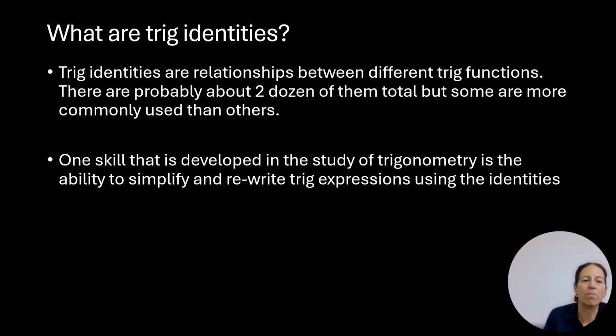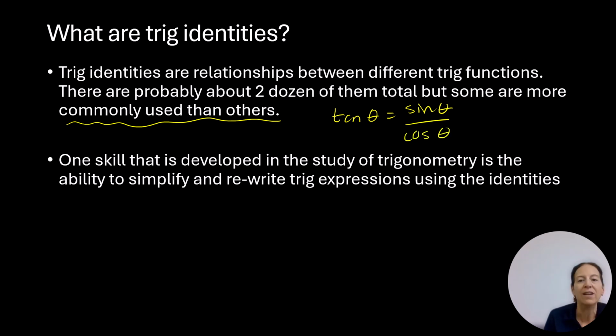Some of them are much more commonly used than others. So the tangent is sine over cosine. That is maybe the most common one that you would see, but the Pythagorean ones are very common too, and they're probably the only ones I can really remember. That and the reciprocal ones. So there might be a list of about 6 of them that if you can remember those 6, you'll probably be pretty good.